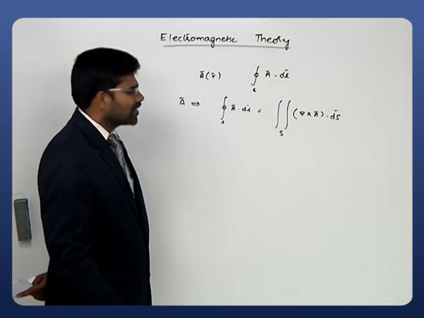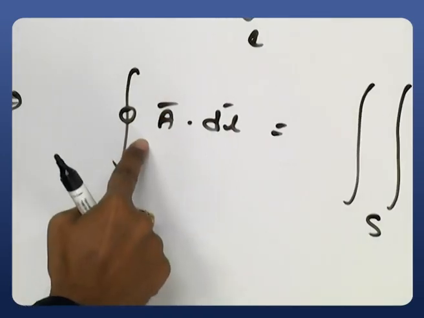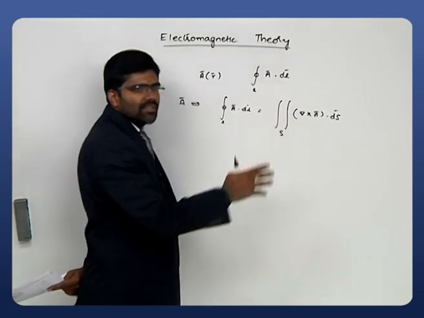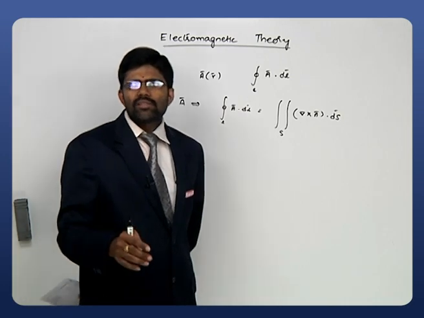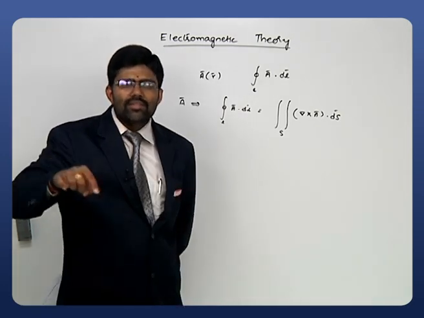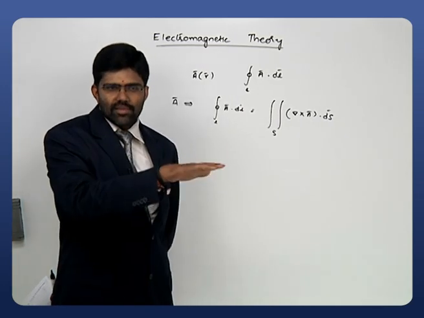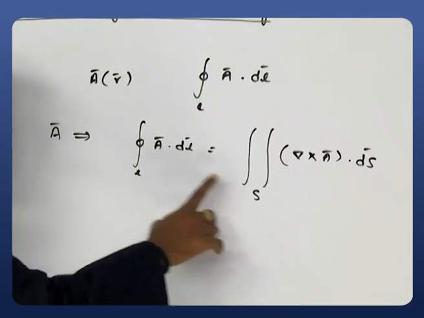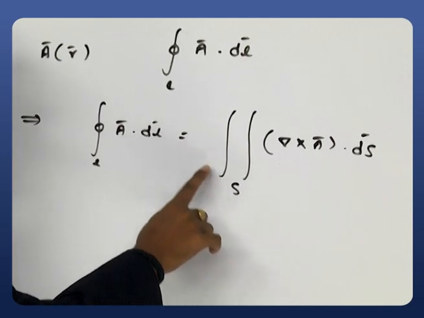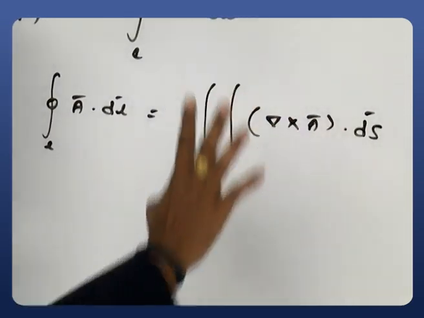Whenever there is a closed line integral, clearly remember that A bar dot dl bar can be equated to an open surface integral. Remember it in a simple way: whenever you have a closed line, it will always form an open surface. So the closed line will be related to the open surface only. So the closed line integral of A bar dot dl bar is equal to the open surface integral of del cross A bar dot ds bar.